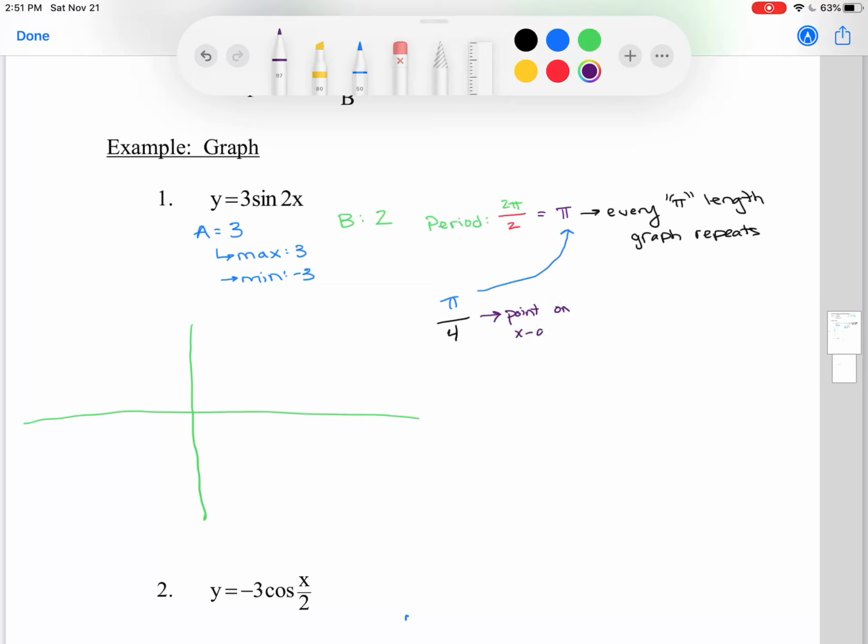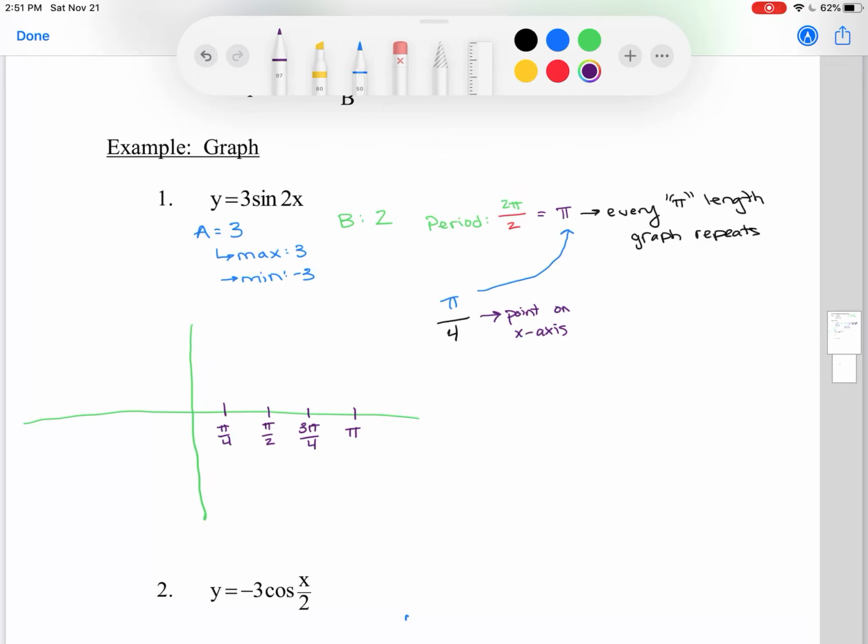sections on my graph. Well, I don't have to simplify that. All this is now telling me is that pi fourths are going to be nice sections to make on my picture. Okay, so every pi fourths, I want to put a point on my x-axis. So if I go 4 points to the right, I'm going to have pi over 4 as my first one.